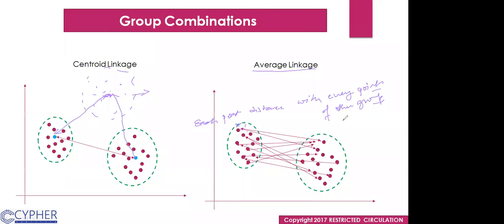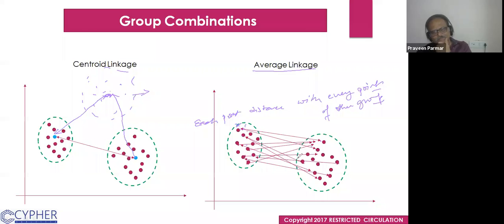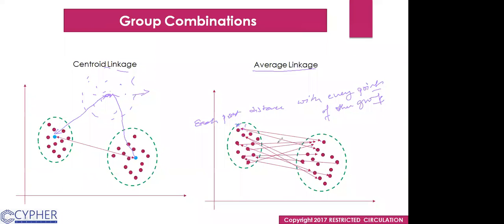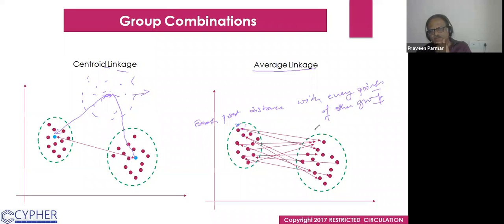Each point's distance with every point, then it will take the average. So we add all of this, and how many pairs do we have? How many of these lines do we have? It means the pairs, so we divide by the number of pairs.